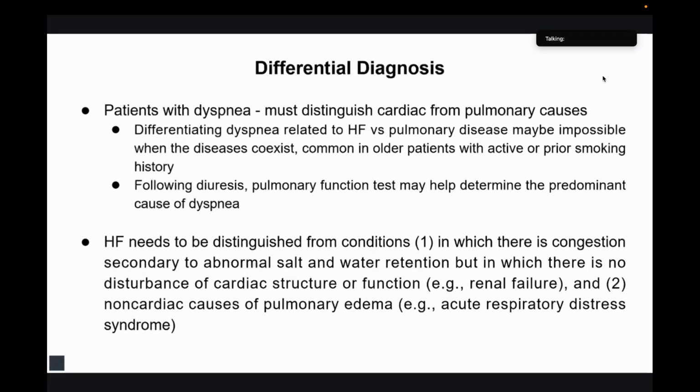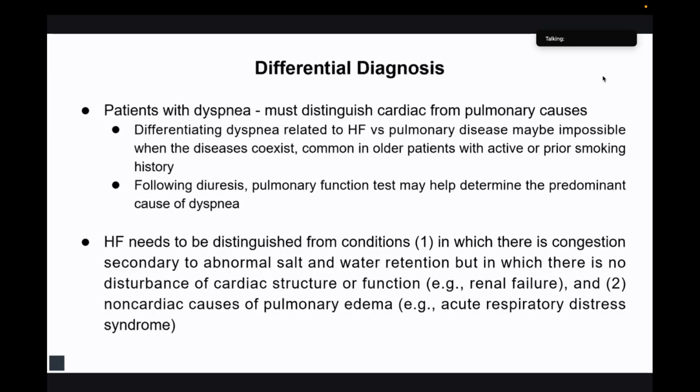Differentiating dyspnea related to heart failure versus pulmonary disease may be impossible when the diseases coexist, and this is common in patients who are older with an active or prior smoking history. So, following diuresis, you can do a pulmonary function test to help determine if the predominant cause of dyspnea is due to a lung problem.